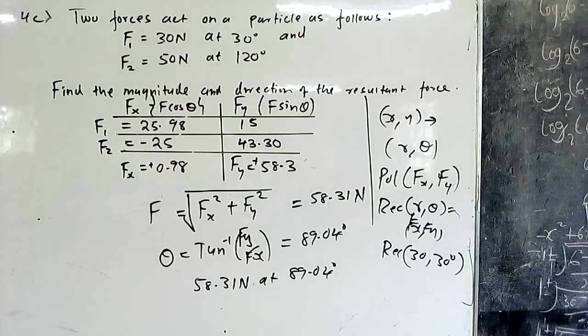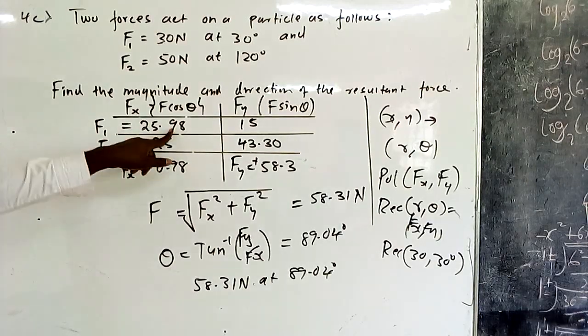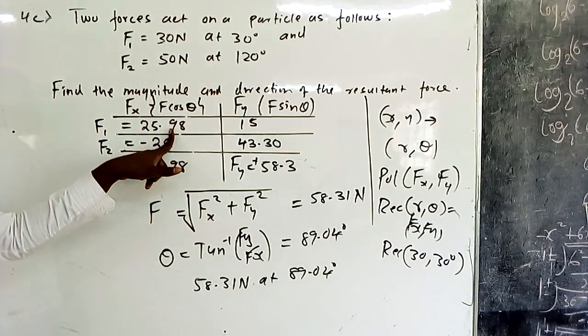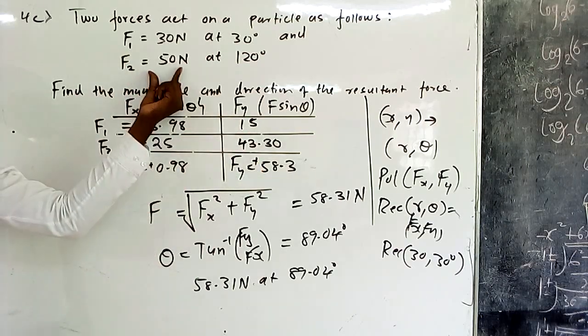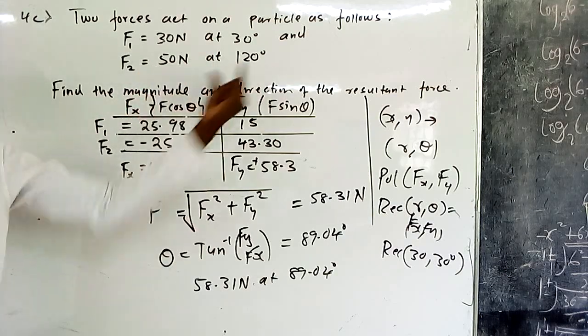Your r is the force, that is 30, shift, how many degrees? 30 degrees. So x is 25.98. So it is giving you the x component, 25.98. And what has it given you to be the y component? 15.